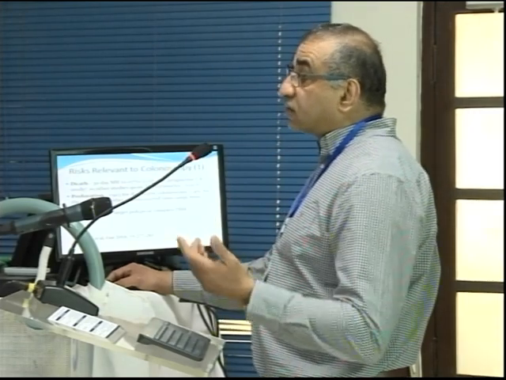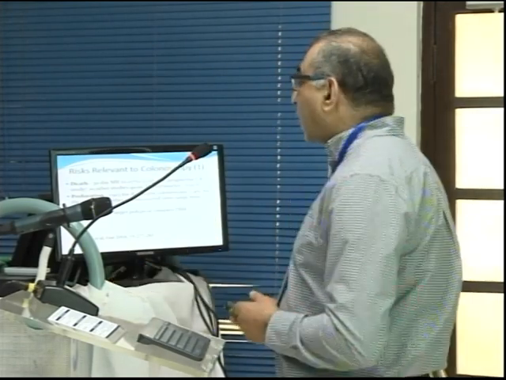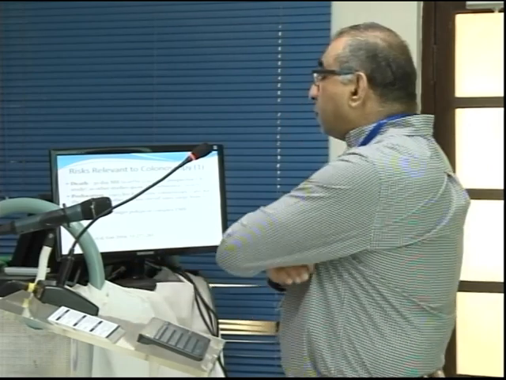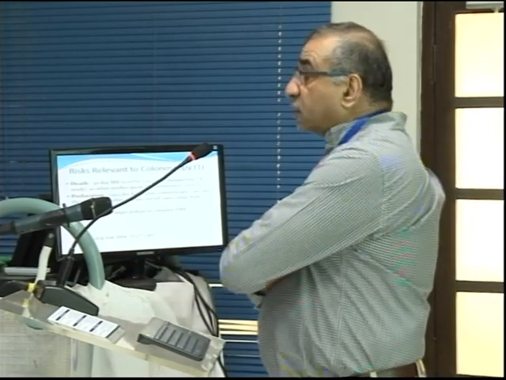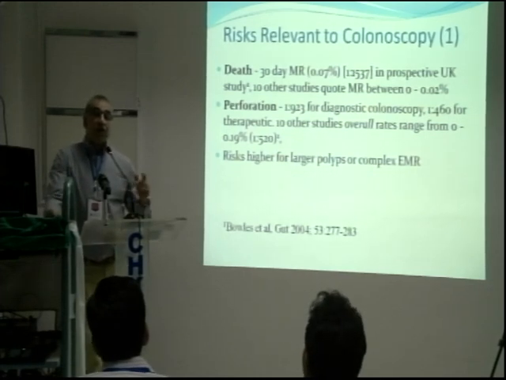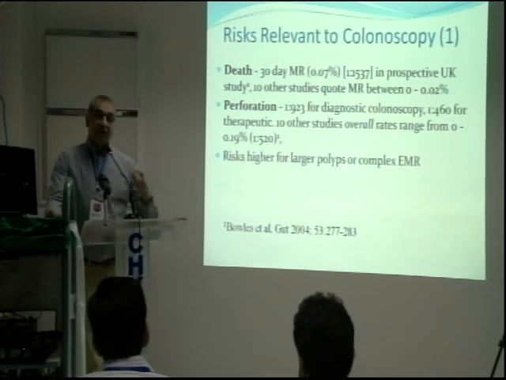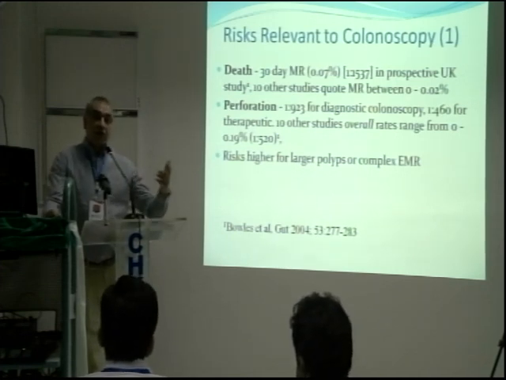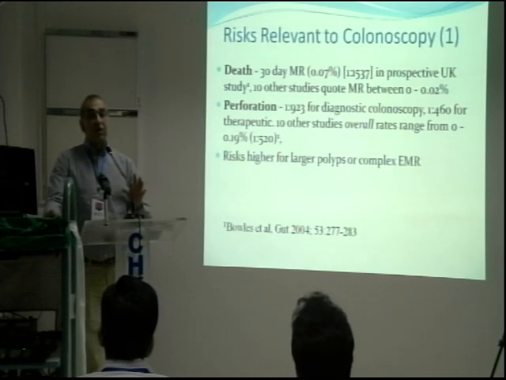The main ones, as I mentioned, are perforation and bleeding. Risk of perforation, random series have quoted it around 1 in 1,000. That's a simple round figure. If you look at various series, it comes in 1 in 1,500, 1 in 2,000, 1 in 1,000, but most of the series quote the figure as 1 in 1,000.